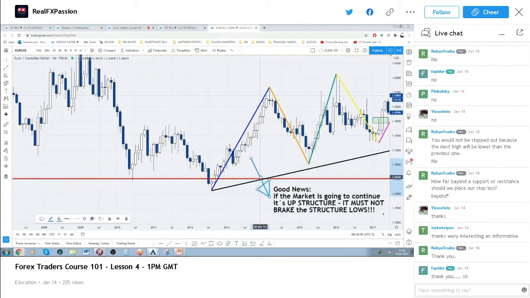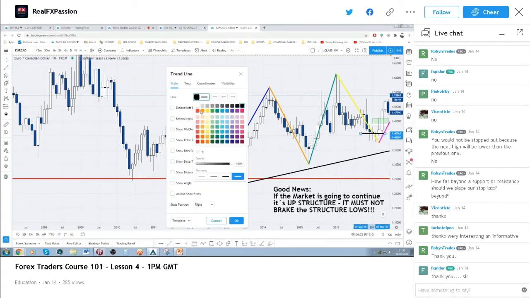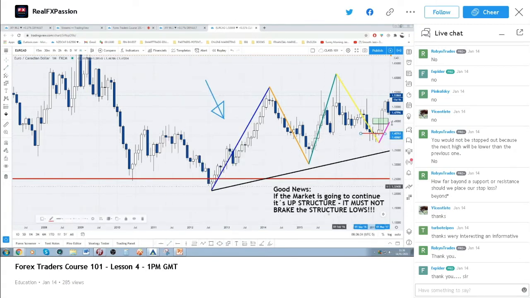We are talking that if the market is going to continue its up structure, it must not break the structural lows. So where would be the best stop loss level? Down here on the daily chart? Oh, I have a 50 pip stop loss.